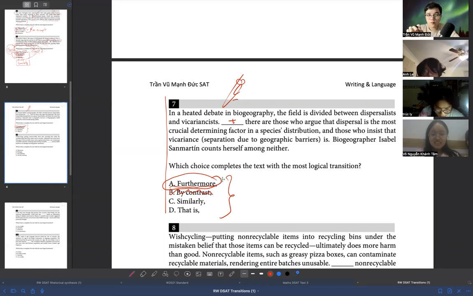This one is the same as additionally. With additionally, you mention some information that hasn't been mentioned before. So if I say furthermore, I'm going to list or explain something that has not been explained before.